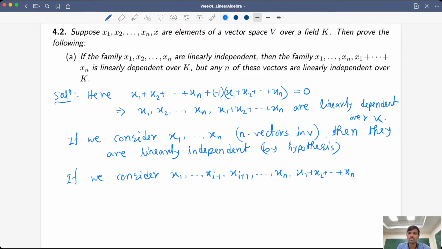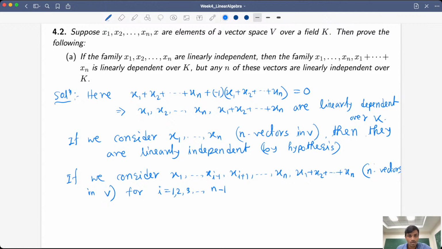Here I'm considering all these vectors, so this is also another possible set of n vectors in V. For i, I can take any value from 1 to n minus 1.